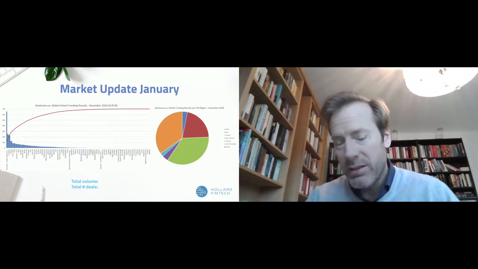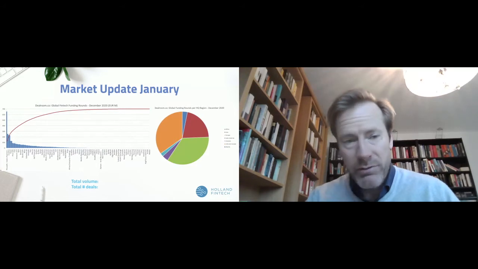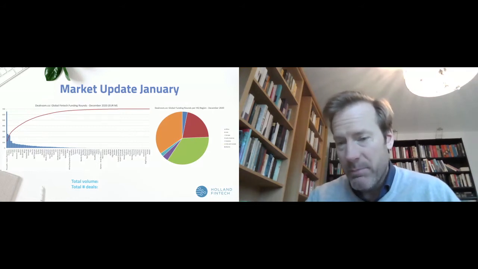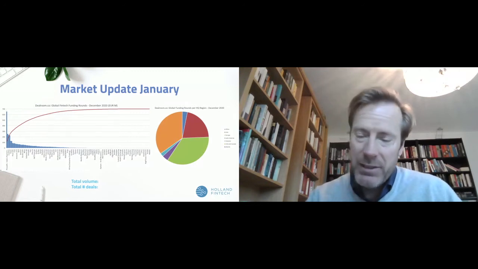Here, as you can see, it's quite interesting that Europe and the US are now pretty much in sync, because it's been quite a while, and usually the number of investments in the US is much bigger than we see in Europe. And also the relatively small number in Asia is quite interesting to see. Normally, over the past years, 1/3 would be US, 1/3 would be Asia, and the other third, half of that would be Europe, and the rest would be rest of the world.